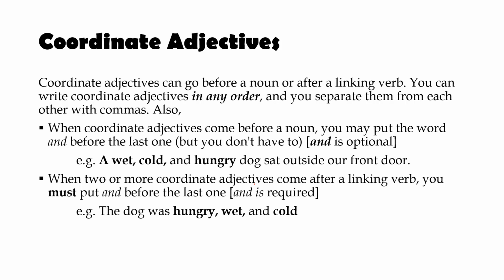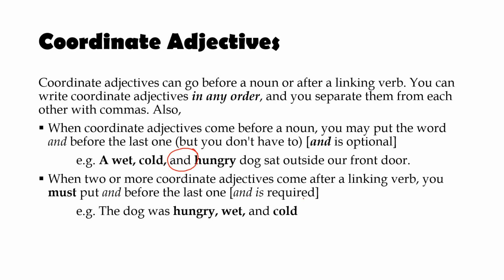In this case, the word "and" is optional, like a wet, cold, and hungry dog sat outside our front door. "And" is optional, so you may only say a wet, cold, hungry dog sat outside our front door.